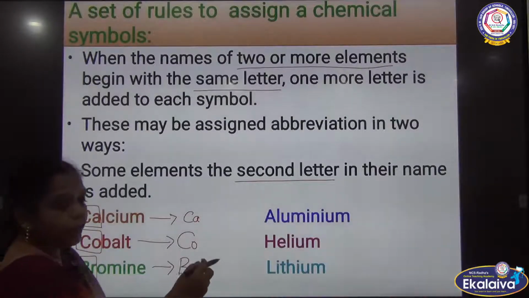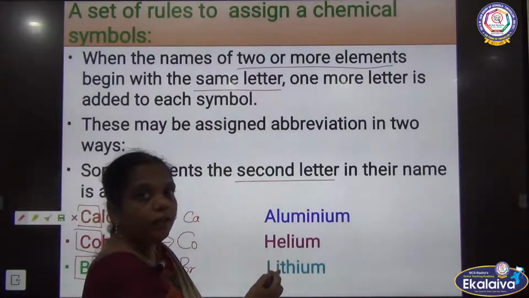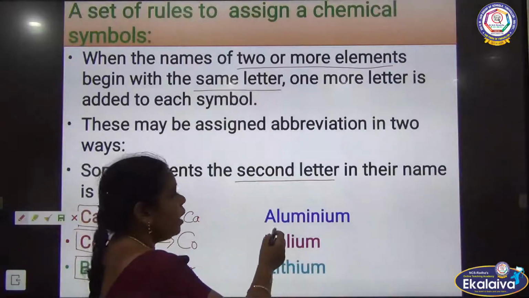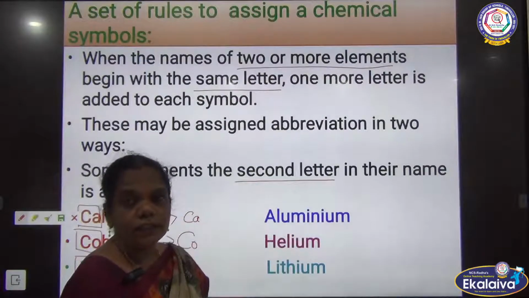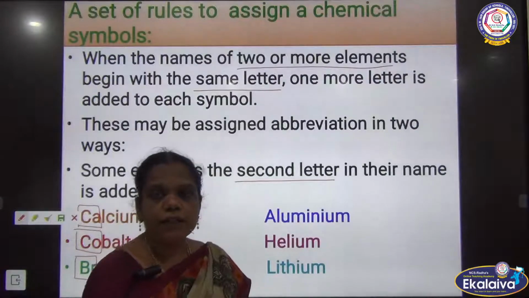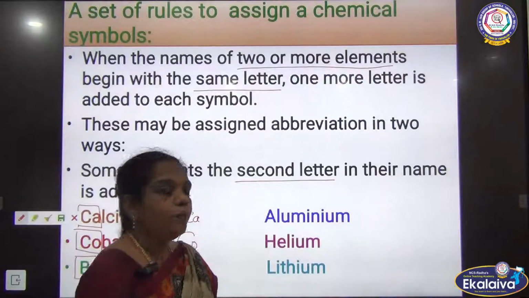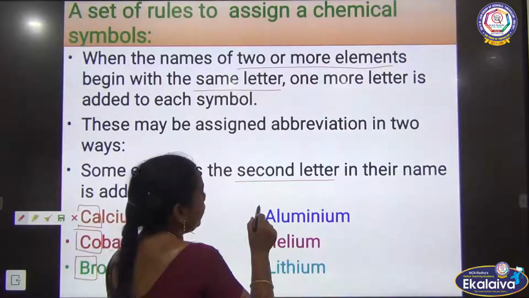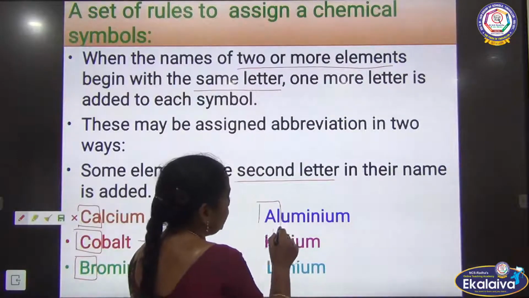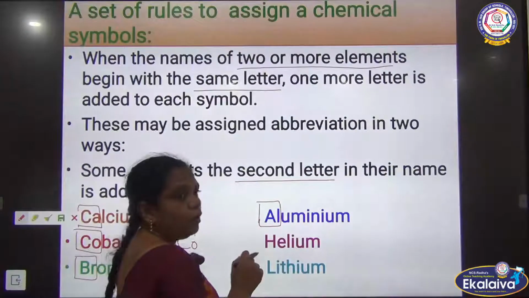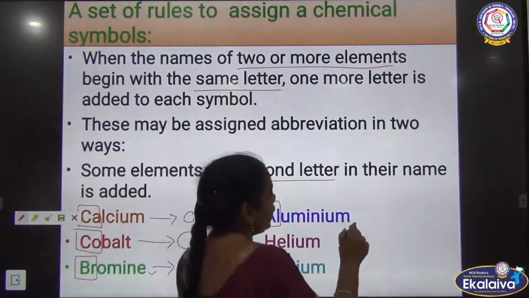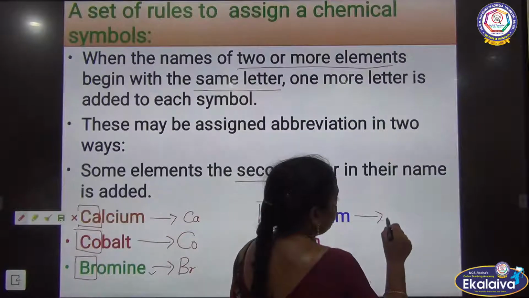And in the same way, what is the name of this element? Aluminium. Very good. Can you say the symbol for aluminium? Yes, Al, because the first two letters of aluminium are Al.